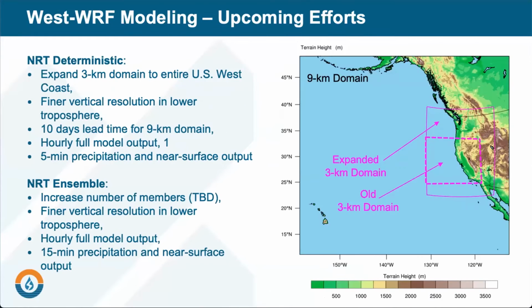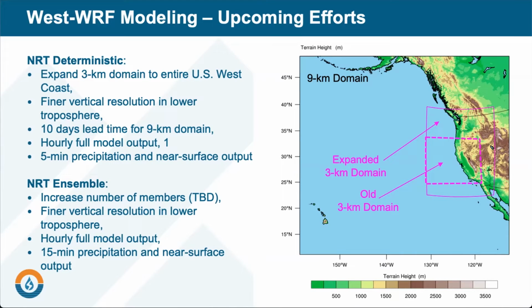So this slide here just highlights our upcoming efforts at this season's NRT simulations. For the deterministic simulations, we're expanding the 3-kilometer domain to cover the whole U.S. West Coast, including Nevada, Idaho, and also offshore areas there as well.